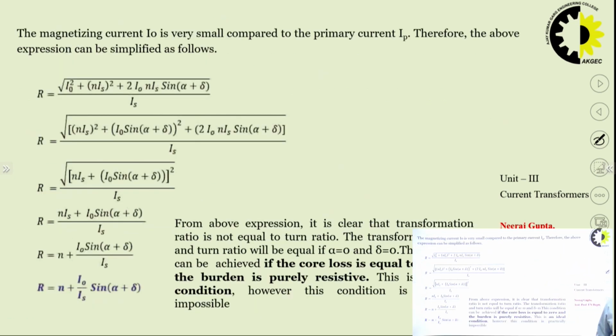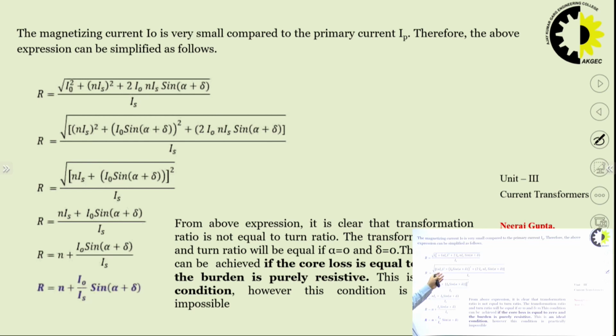Further elaborating about here, the magnetizing current I naught is a very small fraction when compared to the primary current Ip, because Ip is of very large order, and the expression could be simplified as I naught square plus NIs square plus 2 I naught NIs sin alpha plus delta upon Is.